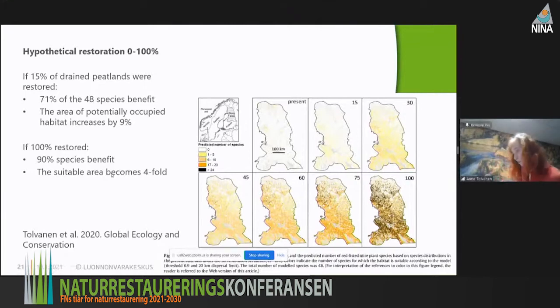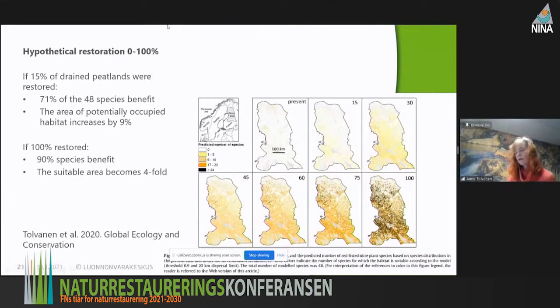This is, of course, a totally theoretical approach, but a nice study to look at how they respond. And here I don't have more figures of how different species groups respond, but of course, threatened species are not only restricted by the drainage. For instance, calcareous species are restricted by the availability of calcareous soil.